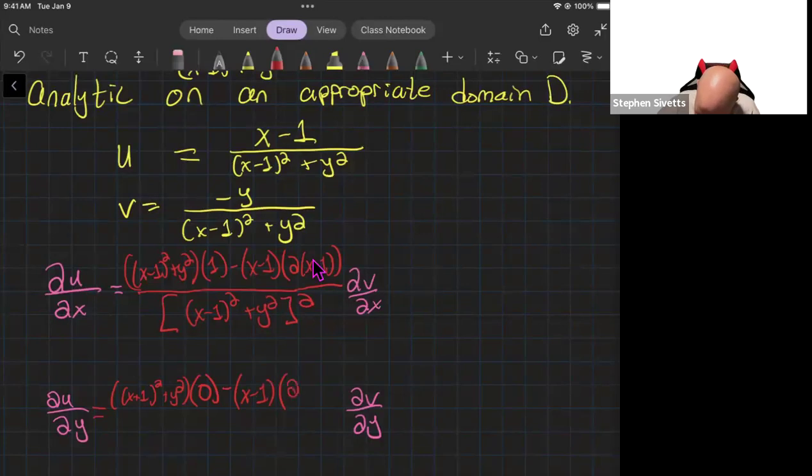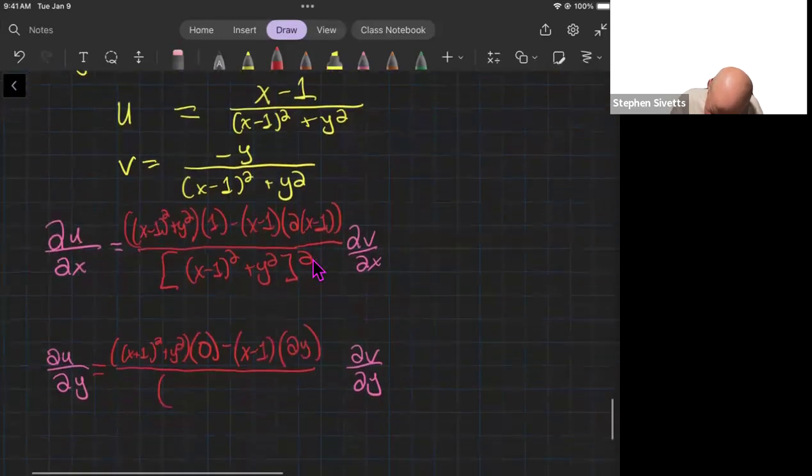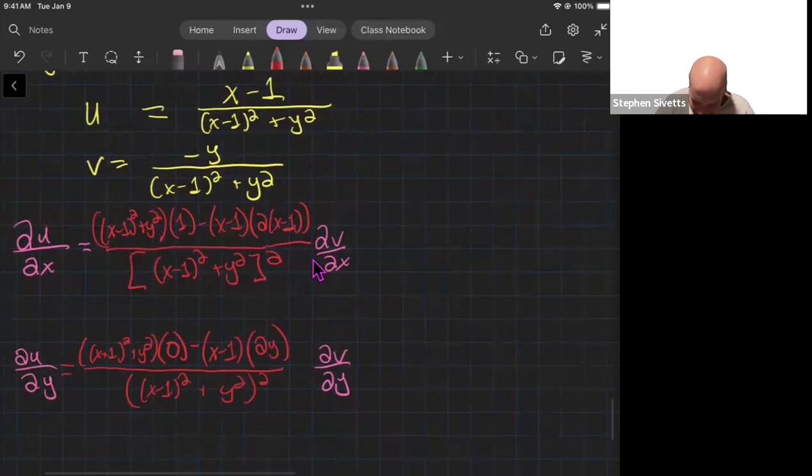So this is 2y over x minus 1 squared plus y squared, squared. Okay. All right. How about the v function?